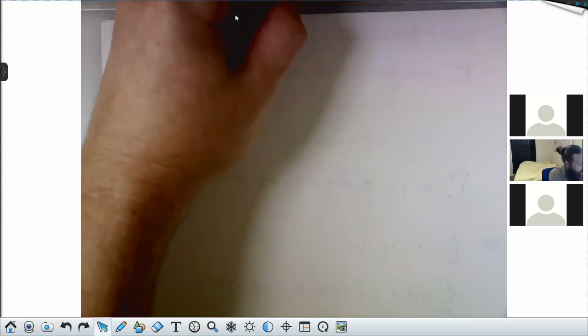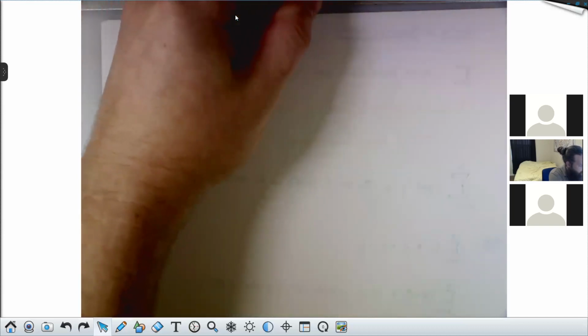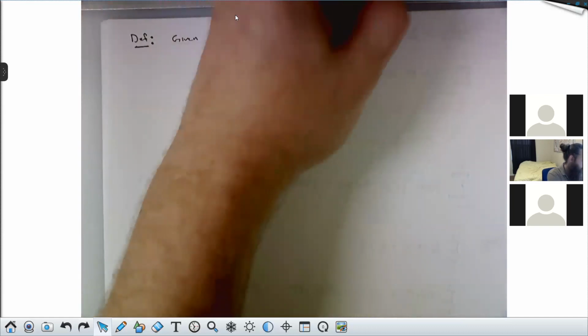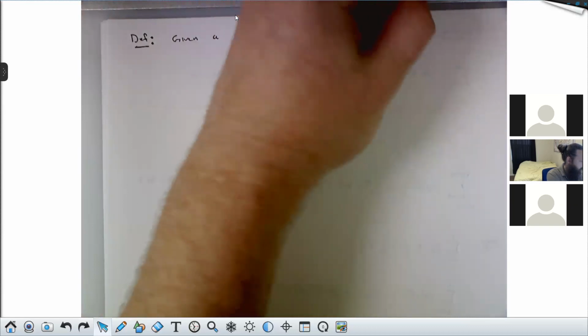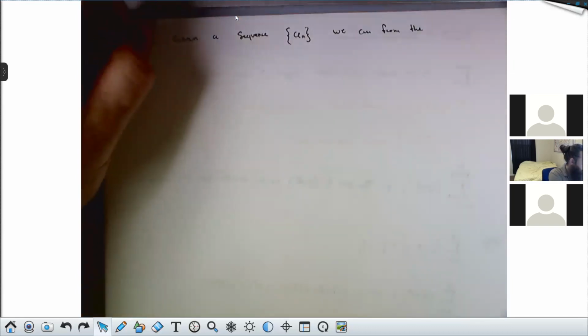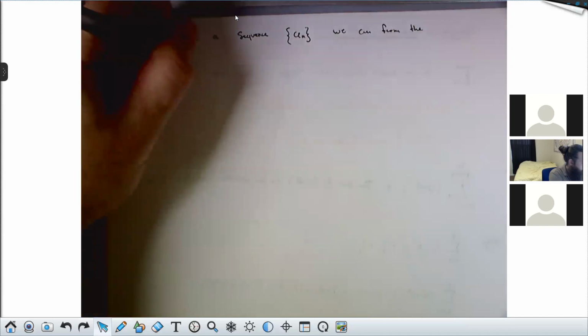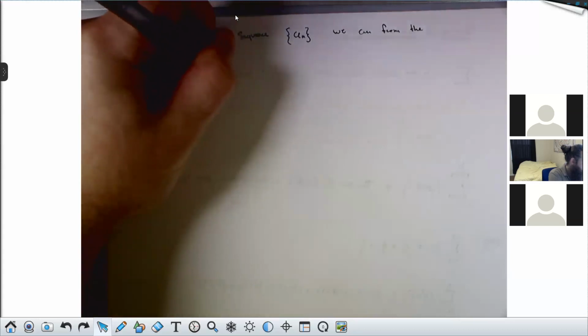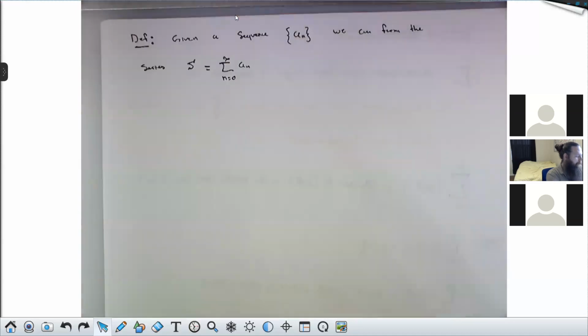So, given a sequence A_n, we can form the series, and I'll call it S for series, capital S, sigma n from wherever, I'll use 0, of A_n.